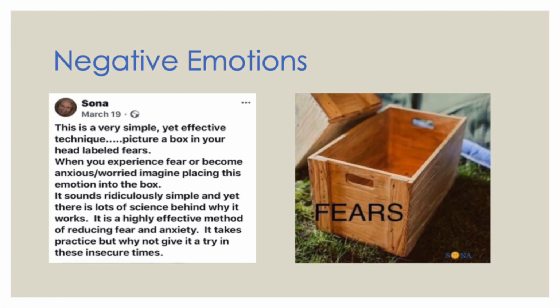Now, that sounds ridiculously simple, but it also is ridiculously effective, because there's a lot of science behind when we rationalize and when we use our cognitive ability to label the emotion, how it moves it to a more rational part of our brain. And it is a highly effective method of reducing fear and anxiety. And that science has proven that. It takes practice, but it really is worth giving a try.